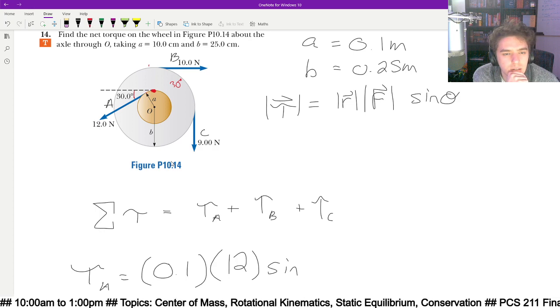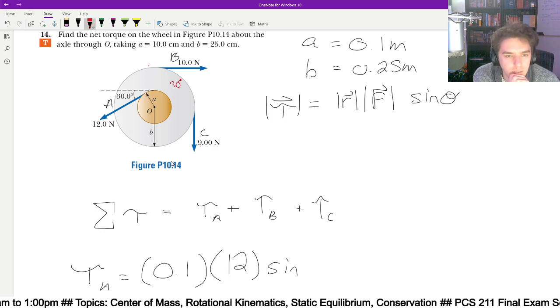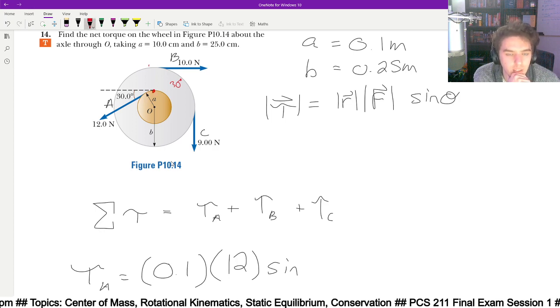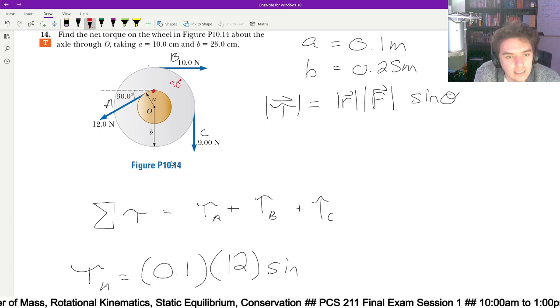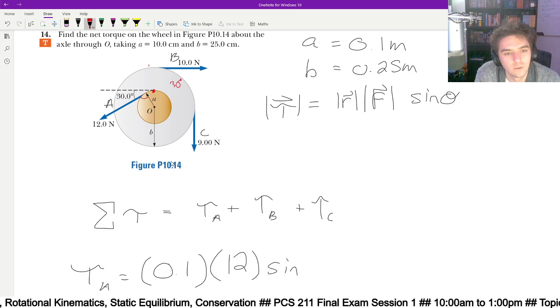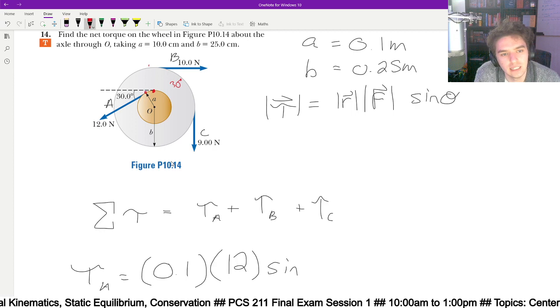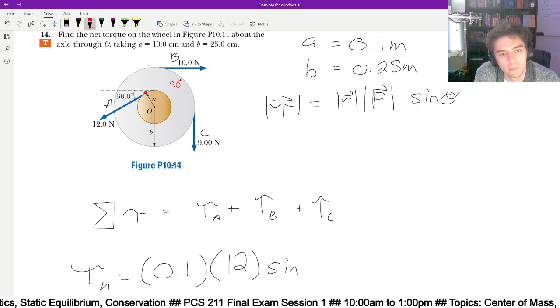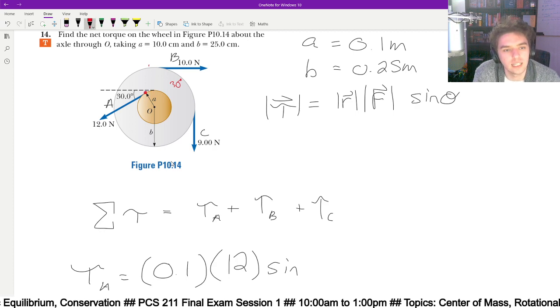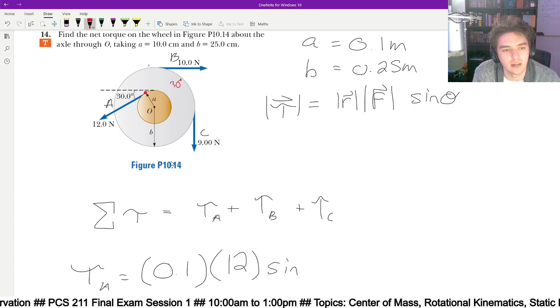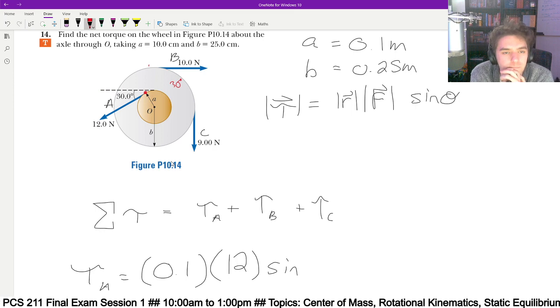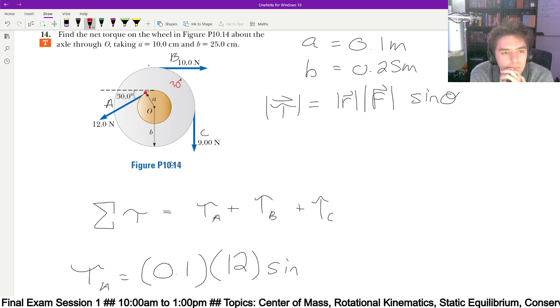Because if it was acting here, theta should be 30. But we've rotated the whole thing. This angle is still 90 degrees. It's actually acting here. That dotted line is just a dotted line. There's no physical force happening there. That means it should be 90.